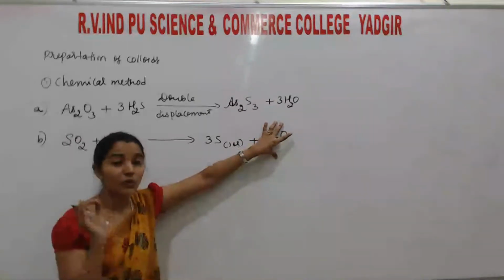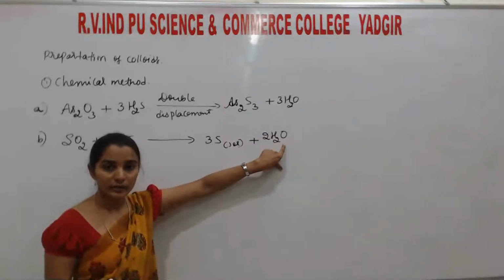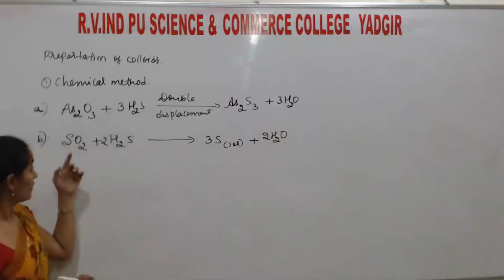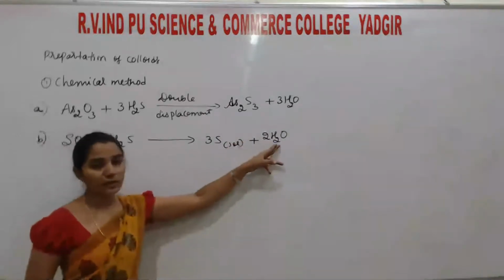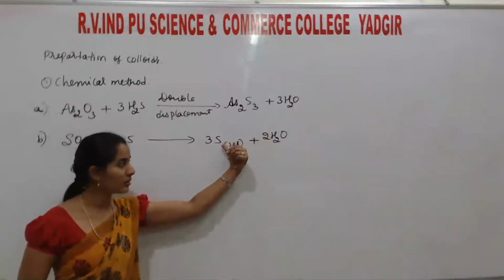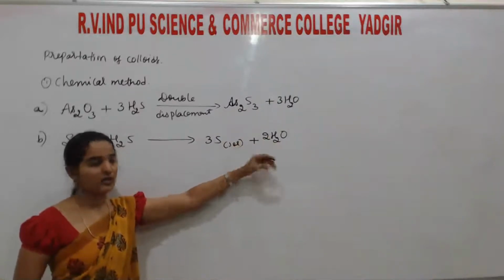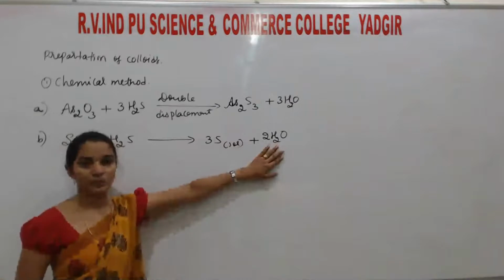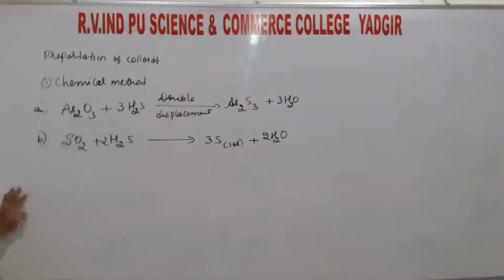This is a hydrophobic salt. So at that time, this SO2 reacts with H2S, meaning indirectly we can form S plus H2O. This is solute, this is solvent. Correct? Dispersion phase and dispersion medium. So this is the indirect method.